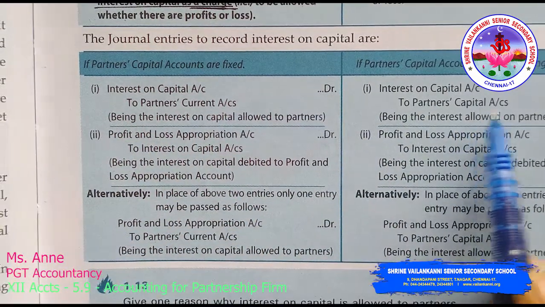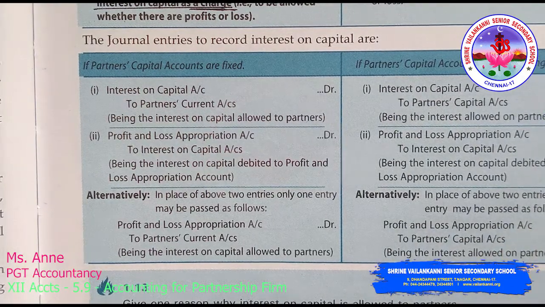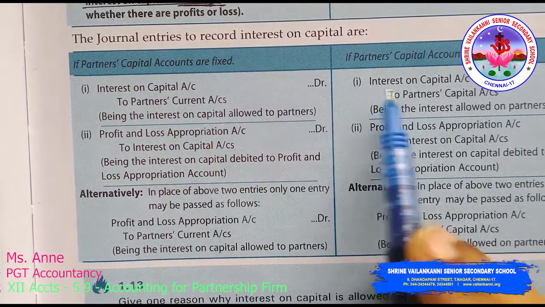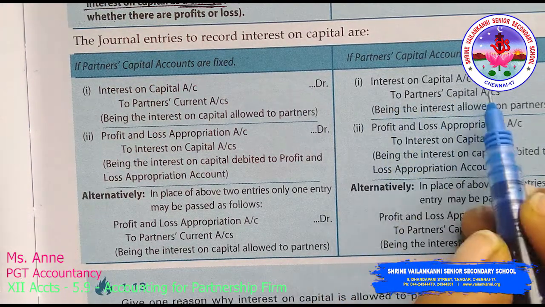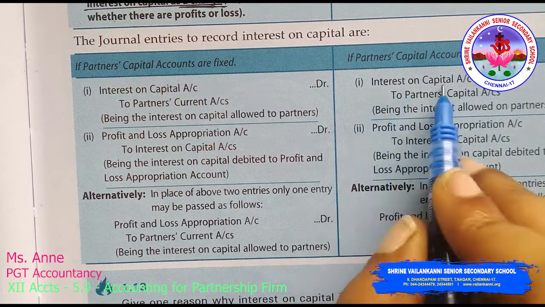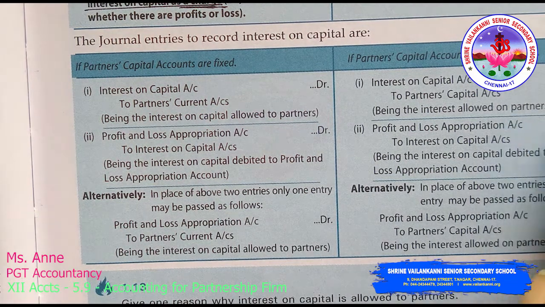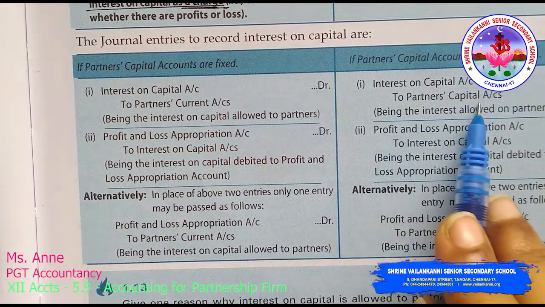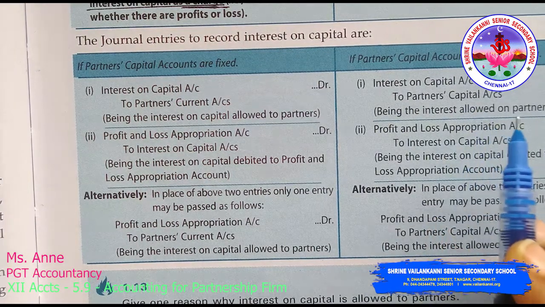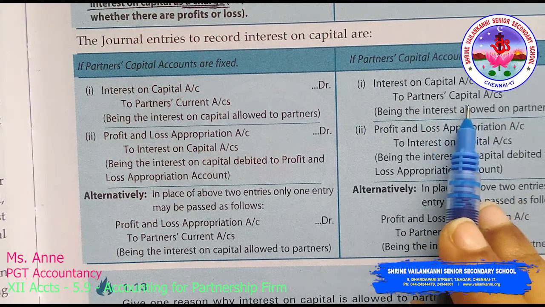In our situation, the capital accounts are fluctuating. So the first entry will be interest on capital account debit to partners' capital account, being interest allowed on partners' capital. Interest allowed is an expense to the firm, that's why it is debited. To partners' capital account, it increases your capital, so you are crediting the partners' capital account.